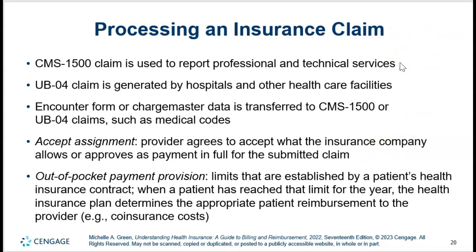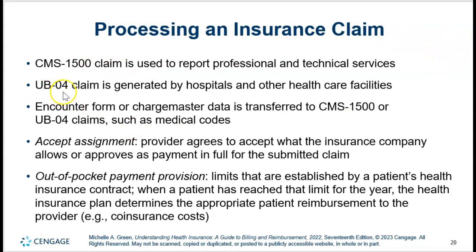Couple of things I want to talk about. The CMS 1500 claim form is for physician offices. All right, so this is what the majority of medical assistants will see. So all the information of that day's service, the patient's name, insurance company, their codes, the amount, all of this goes on the CMS 1500 form that goes to the insurance company.